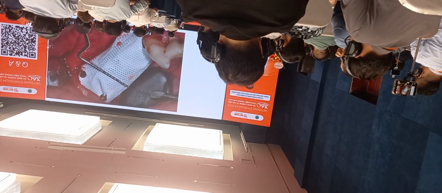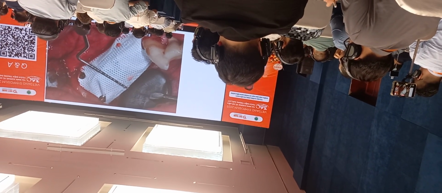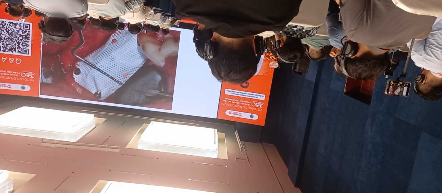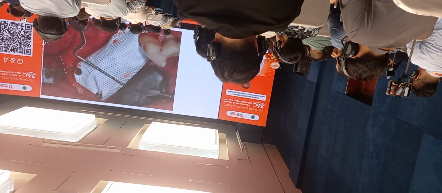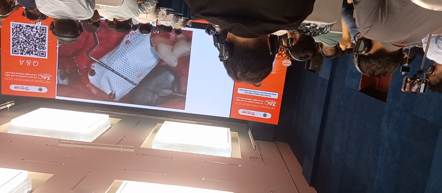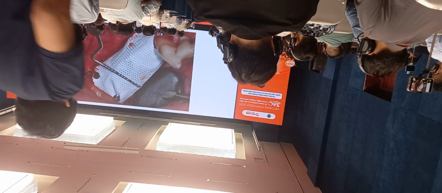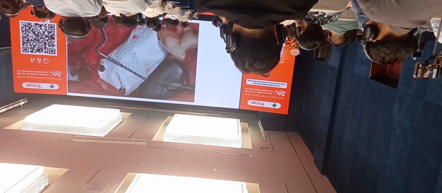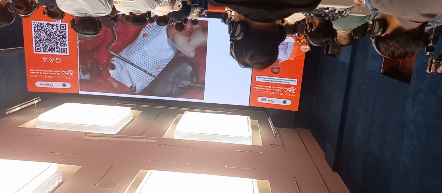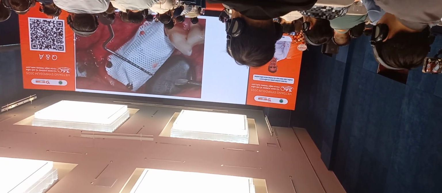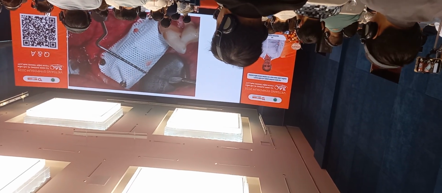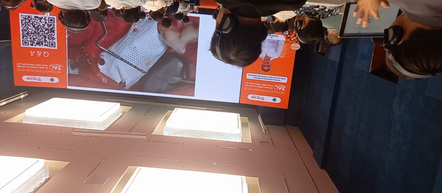And 12 millimeters is the ideal width in order to protect the bone and the implants, with 1.5 to 2 millimeters on each side of the implant if we place an implant with 5 millimeters of diameter. 5 millimeters of diameter plus 2 millimeters on each side are 9 millimeters, plus the 3 millimeters that we could lose are 12 millimeters.